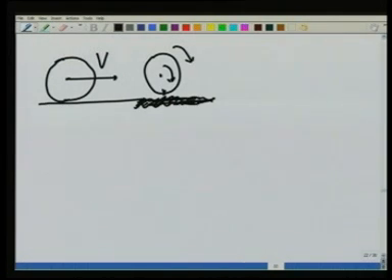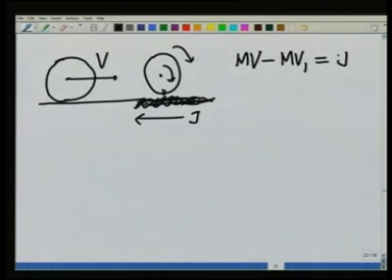What about its rolling speed? So, let us see what has happened. The moment it hits this rough patch, it gets an impulse J in this direction. Initially, if it was moving with momentum mv, this momentum now gets reduced because of this impulse. So, that comes from the momentum equation.